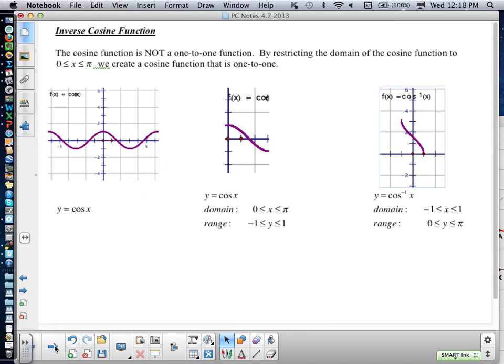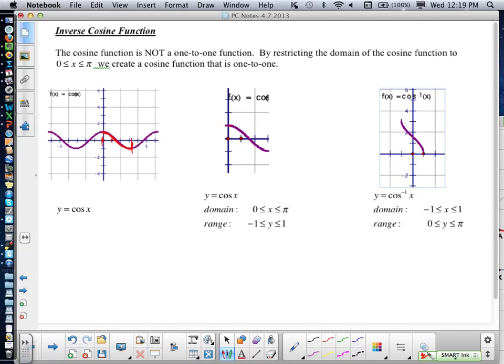So the next graph we looked at was the inverse cosine. So here's your basic cosine graph, where the mathematicians decided to chop off the cosine function between 0 and pi, and between 0 and pi we get every possible cosine trig ratio from +1 down to -1.